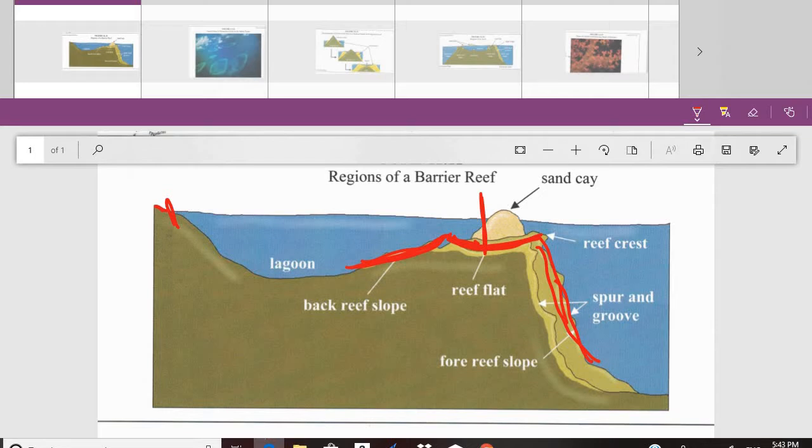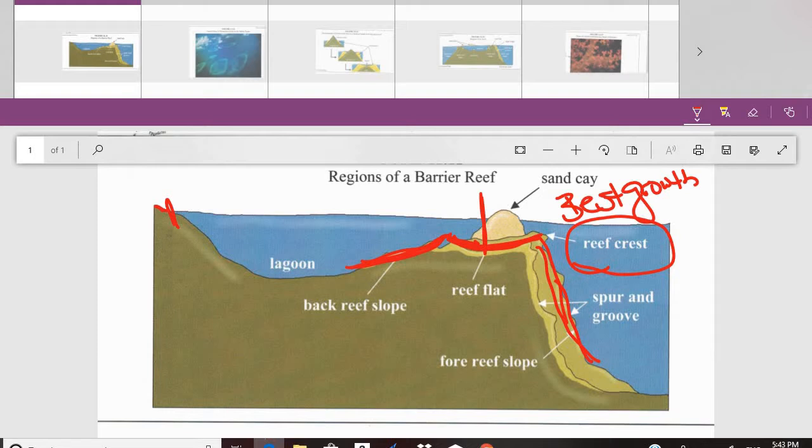The best coral growth for this type of reef will occur here at this reef crest. So right here is where you would get the best growth of coral.